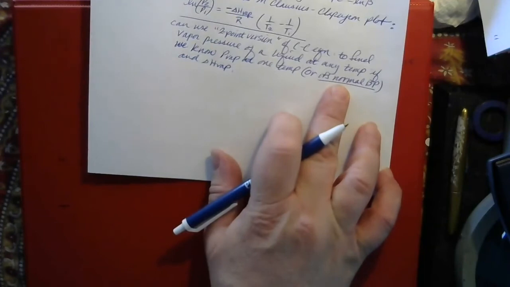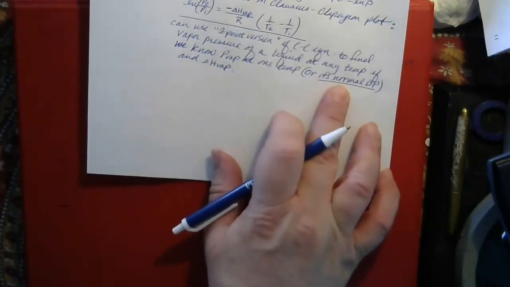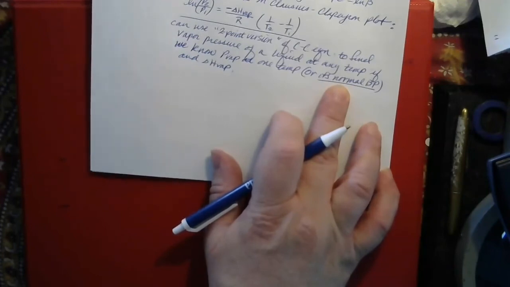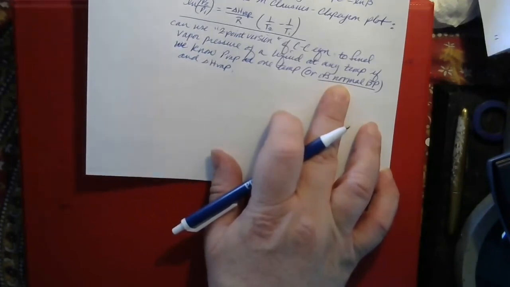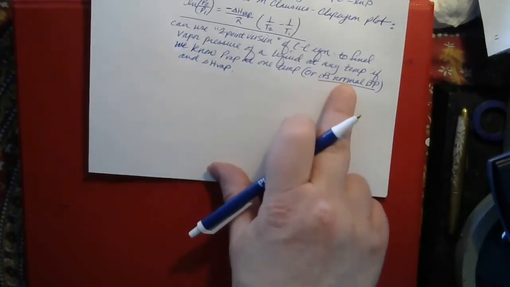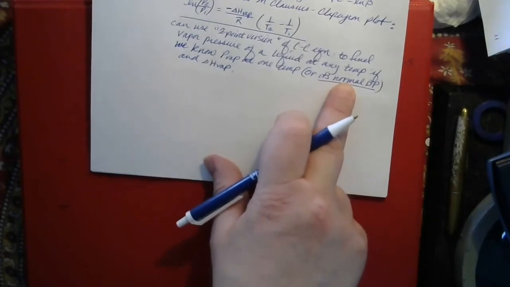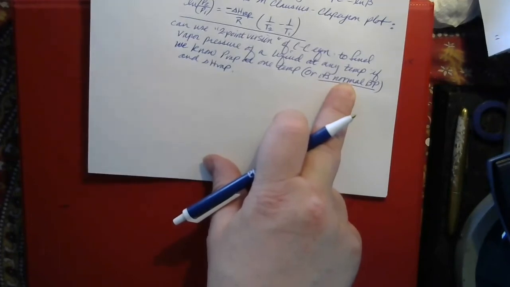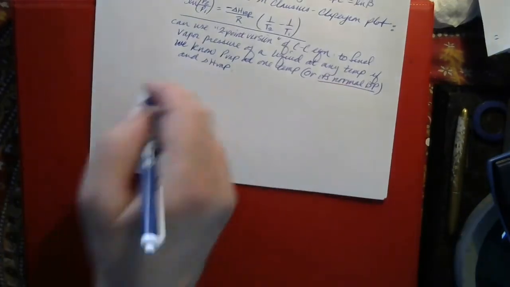Because if you know its normal boiling point, you know that the temperature is whatever the normal boiling point is, and the fact that it's the normal boiling point means that the vapor pressure at that temperature is 1 atmosphere. Okay, so that's helpful.